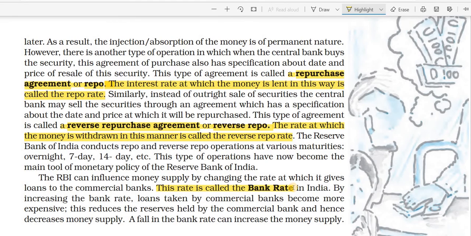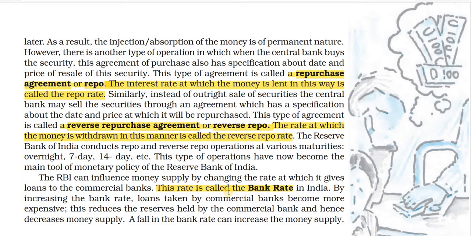What is bank rate? Bank rate is the rate of interest charged by the RBI for providing funds or loans to the banking system. This is also known as discounting rate. Banking system includes commercial and cooperative banks, Industrial Development Bank, Export-Import Bank, and other approved financial institutions. Funds are provided either through lending directly or rediscounting bills of exchange.